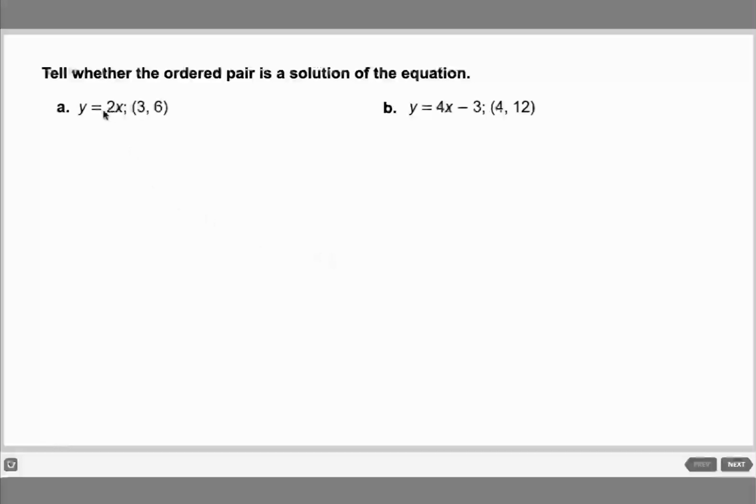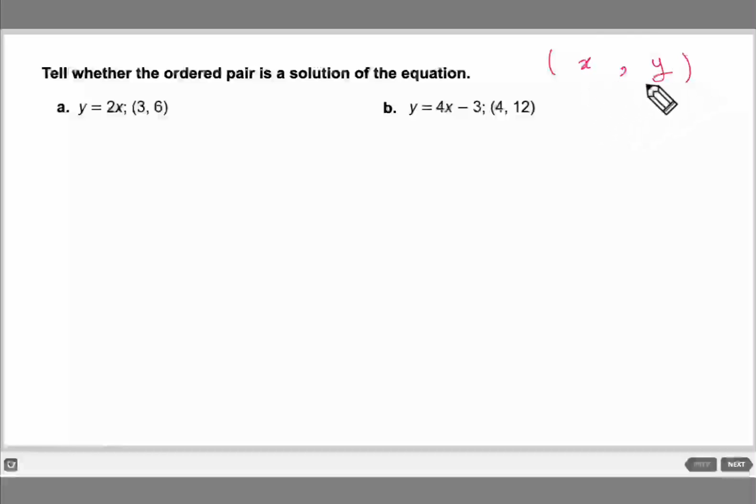As you see here, my heroes, we have an equation y equals 2x. This is the equation. And what is the ordered pair? 3 and 6. And I will show you now the ordered pair. Any ordered pair should be x, then y.